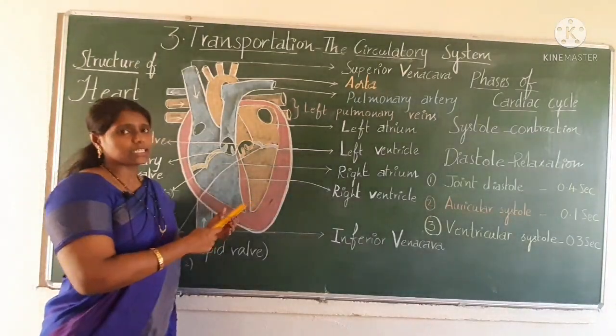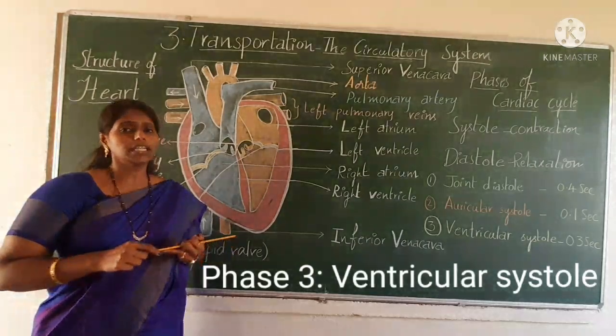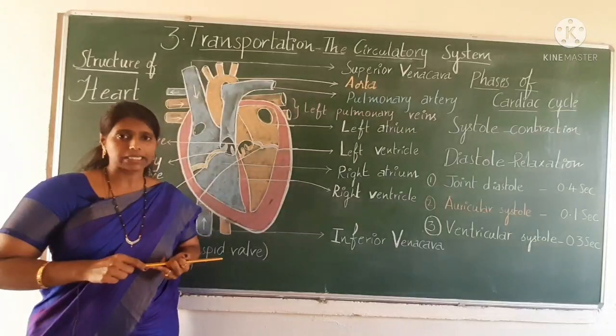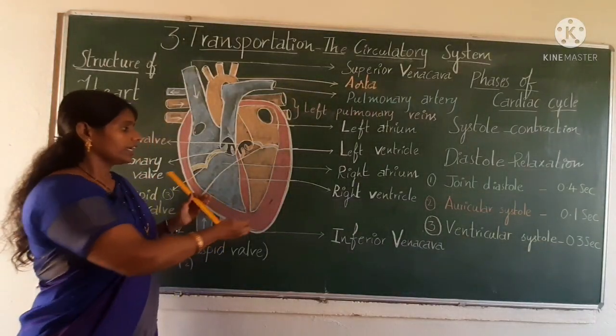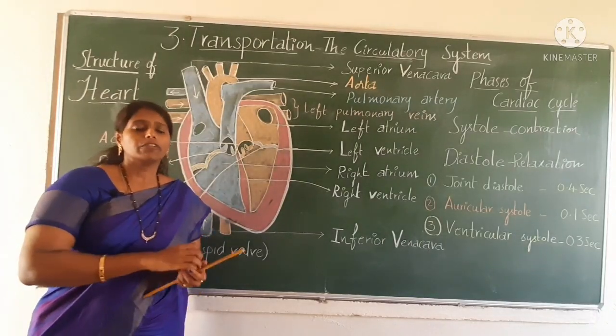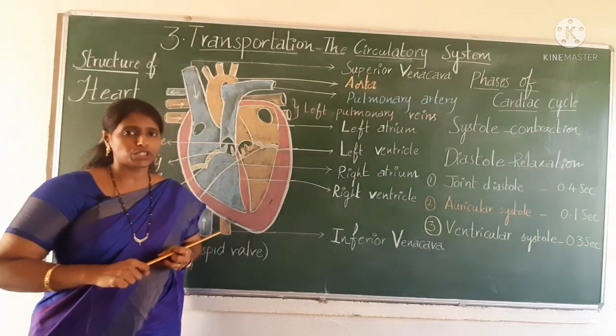Now the ventricles will enter a phase called the ventricular systole phase, or ventricular contraction phase. Here the walls of the ventricles start to contract. The volume inside the ventricles decreases due to increased pressure.